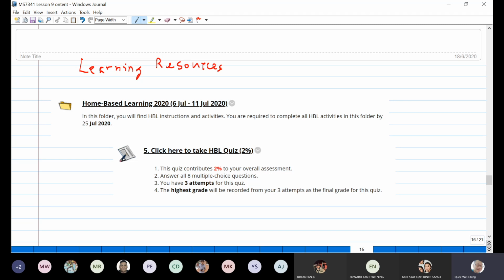Inside there's a quiz, and you have 3 attempts to do this quiz. The highest mark counts. What is this quiz all about? It is the polar coordinate and rectangular coordinate, what we learned today. So if you can do this quiz, you can certainly do the tutorial. The quiz and tutorial are quite similar.